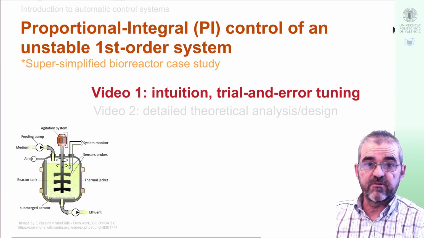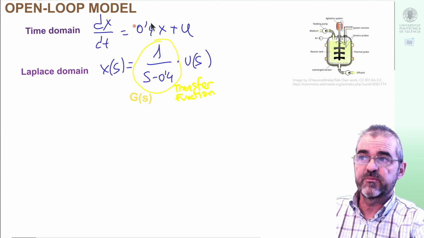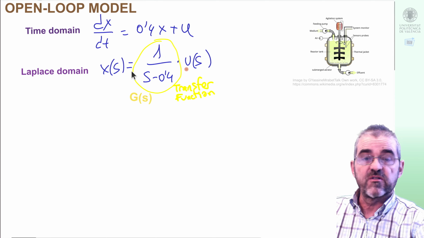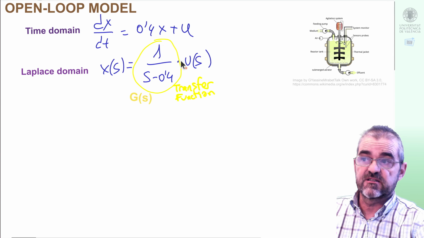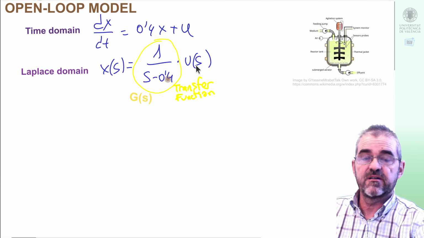So, if we recall our bioreactor model, this was the open-loop model in time domain, and this was the open-loop model in Laplace transform domain, and the thing that multiplies the input u is the transfer function.